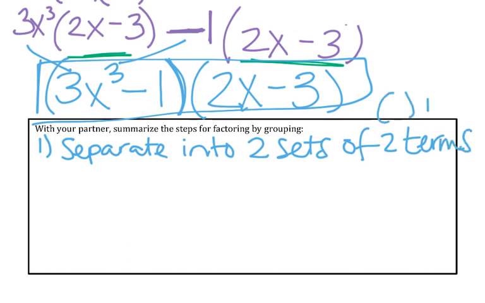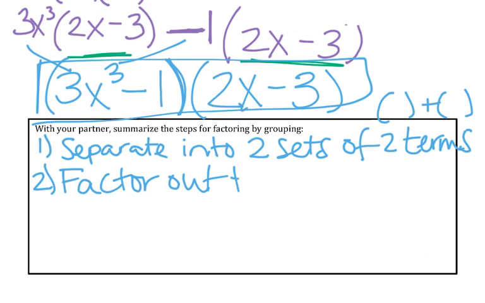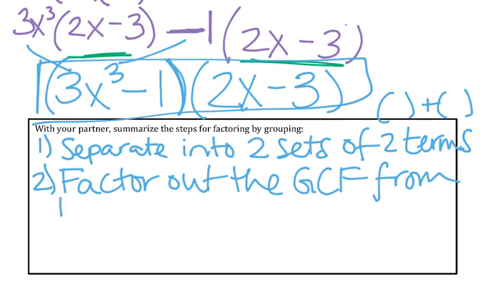Right? That's the parentheses plus parentheses. Next, factor out the GCF from both sets.